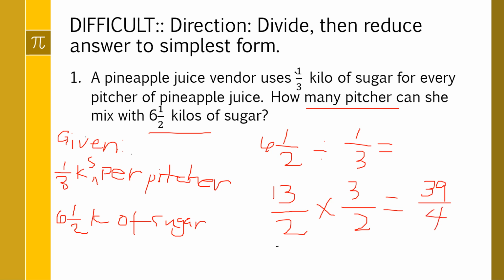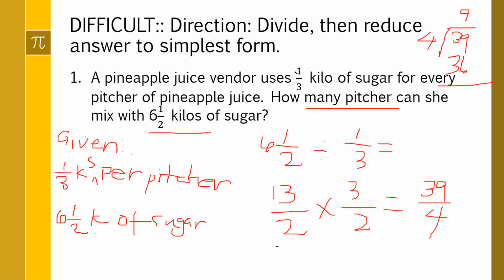Okay. Now 39 divided by 2, we can divide this. So by counting, 4 times 9 is 36. So we have 9, that's 36.